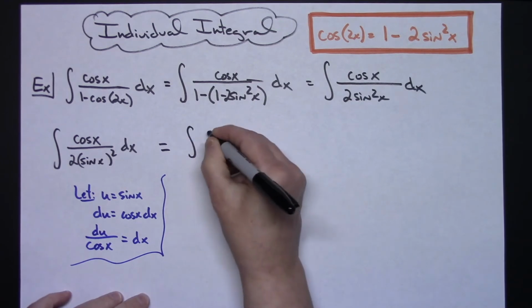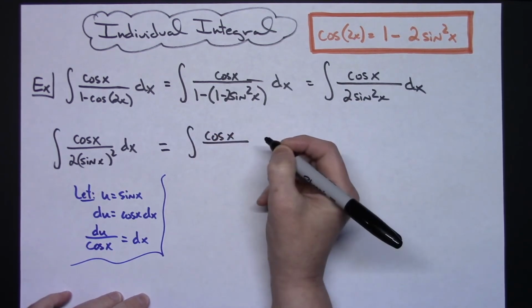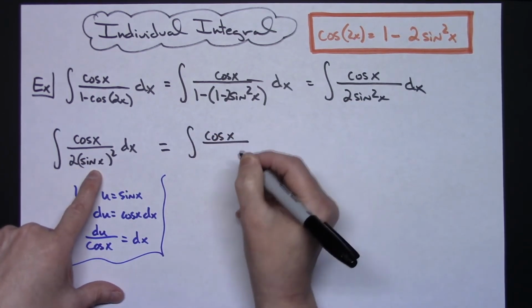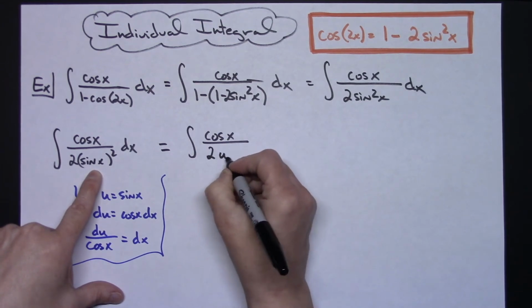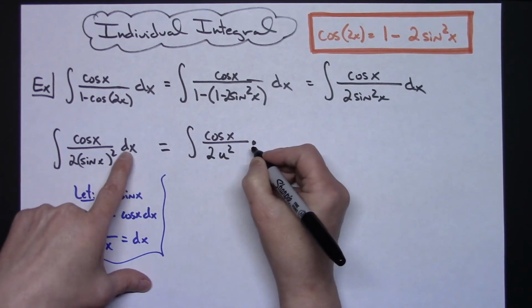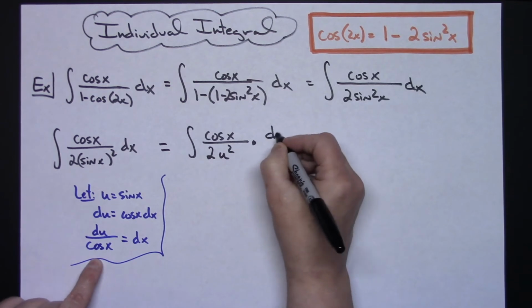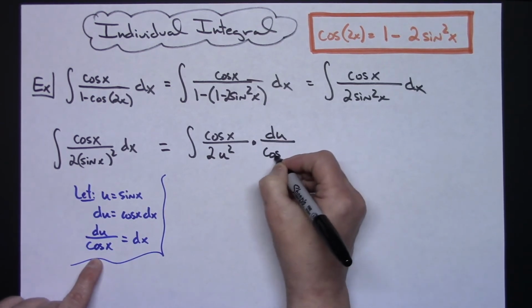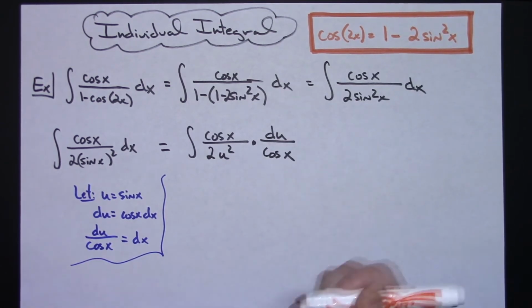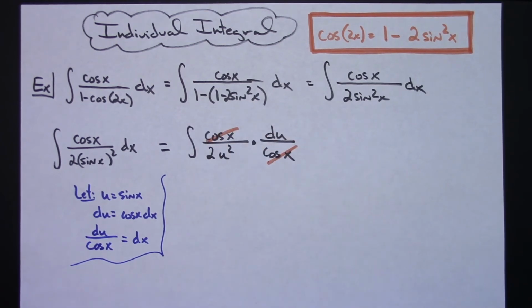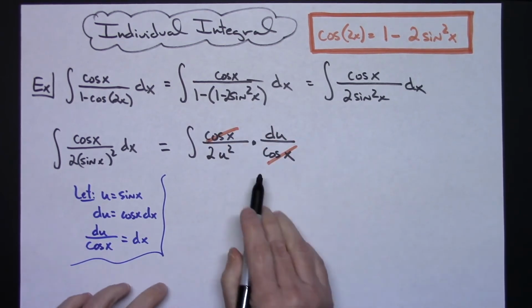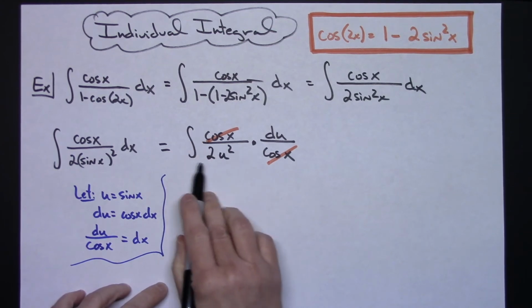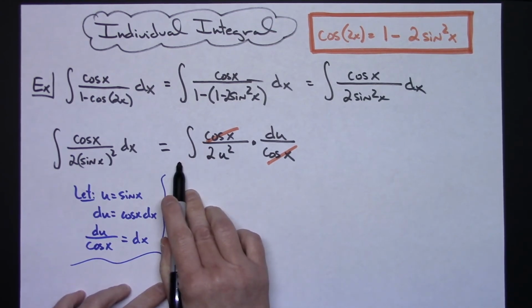We'll have cosine x in our numerator, and we will have a u in the bottom, so 2u squared, replacing dx with what it equals, du over cosine x. That's going to allow those cosine x's to fall out, and that's also going to allow me to pull out a 1/2 outside of this integral.